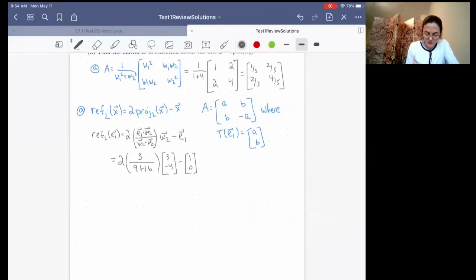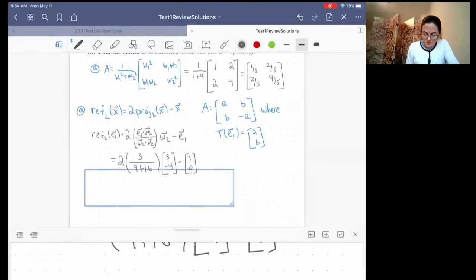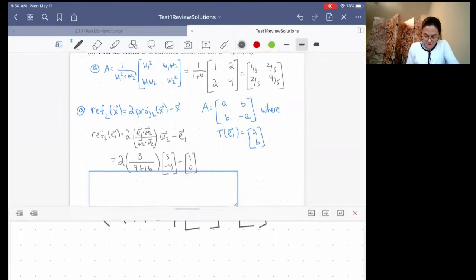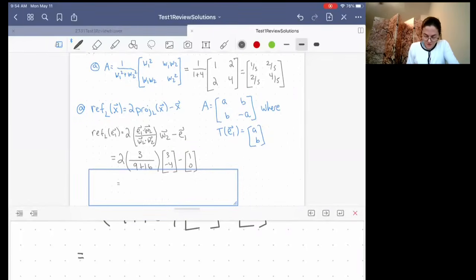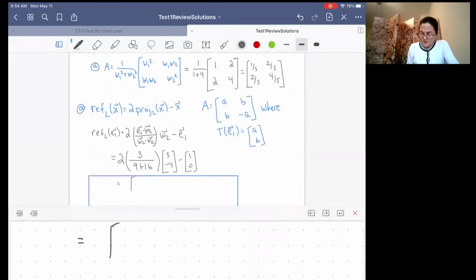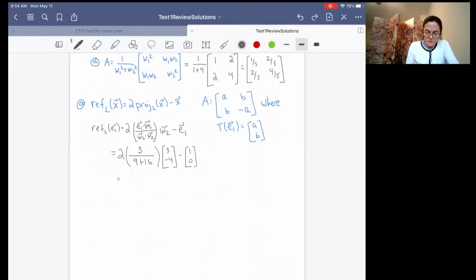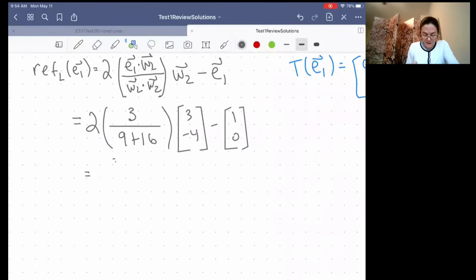Okay, so now maybe I will do this in 2 more steps. We get, this is 6 over 25. Oh, let's just make this first vector. I think that would be a nice way to go about it. I'll zoom in for this part. Okay, great.